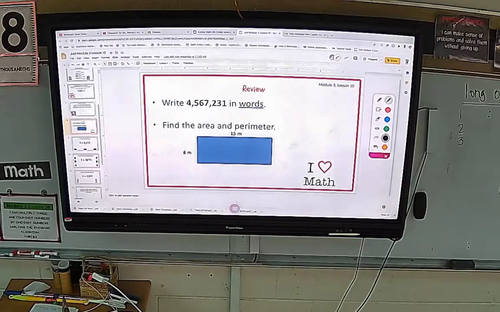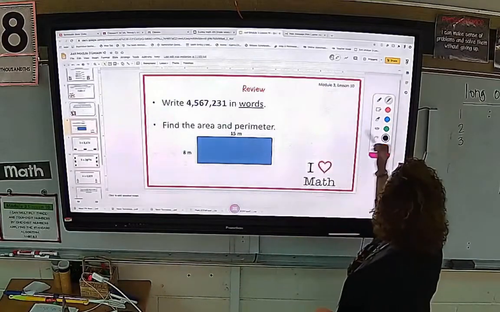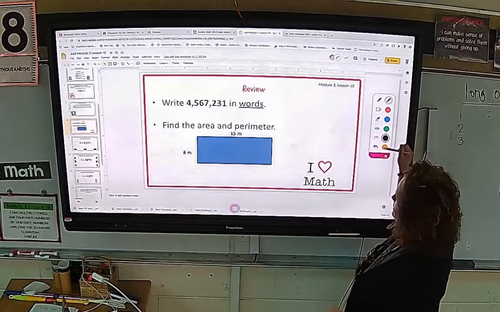If I say it's half past the hour, that's 30. 2 15s is 30. 3 15s is 45. All 4 of them is 60. And so if you know your clock, that helps you with your 15s. Just a little bit of extra information today.